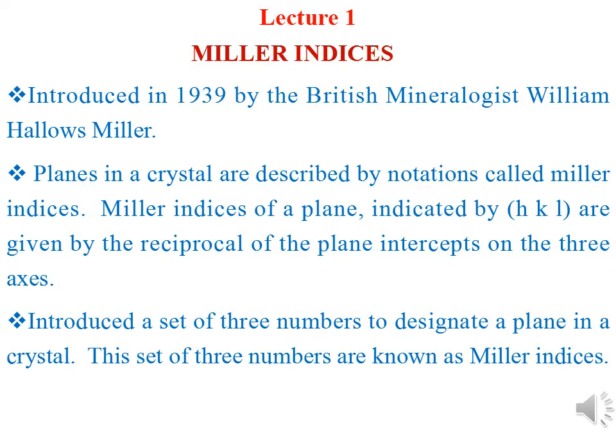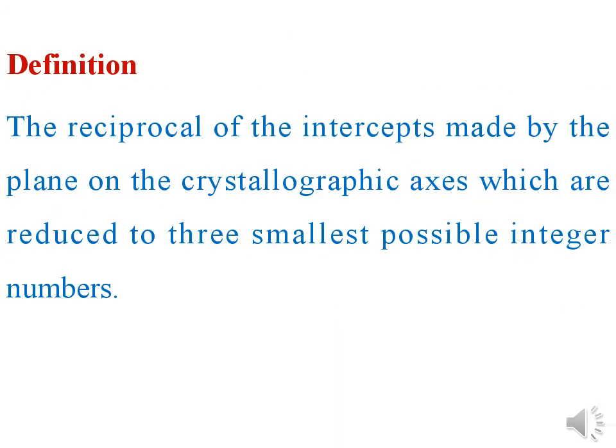Miller introduced a set of 3 possible indices numbers to designate a plane in a crystal. The set of 3 numbers are known as Miller indices. Miller indices definition: the reciprocal of the intercepts made by the plane on the crystallographic axis, which are reduced to 3 smallest possible integer numbers.